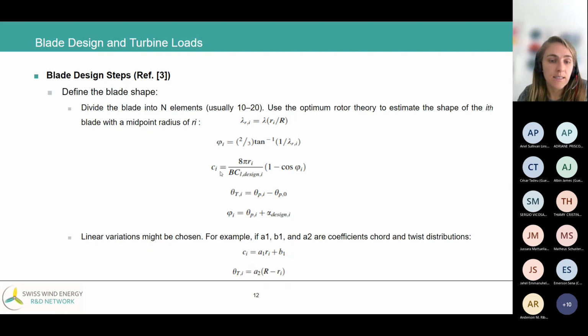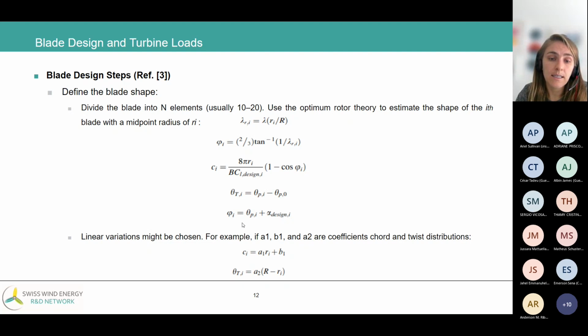Then the next thing that you define on this step is the chord of the element, and here the chord basically it's a direct function of the coefficient of lift because you need to achieve a certain power at that element. And here you define a coefficient of lift of design.